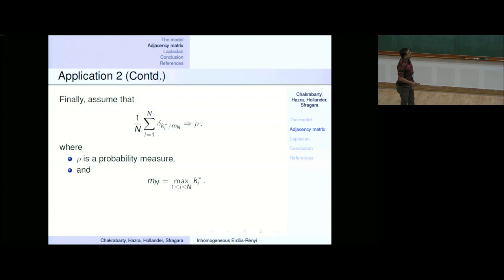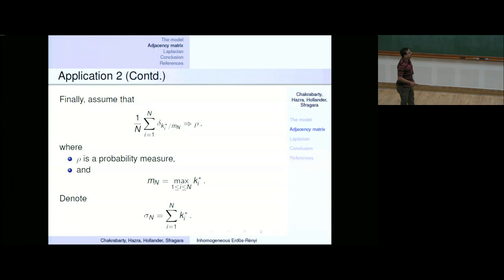Then if you scale each k_i star by m_n, the maximum, and look at the probability measure which puts mass 1 over n on all of them, this is essentially a probability measure on 0 to 1. I'm assuming that it converges to some probability measure rho. So that's another assumption.